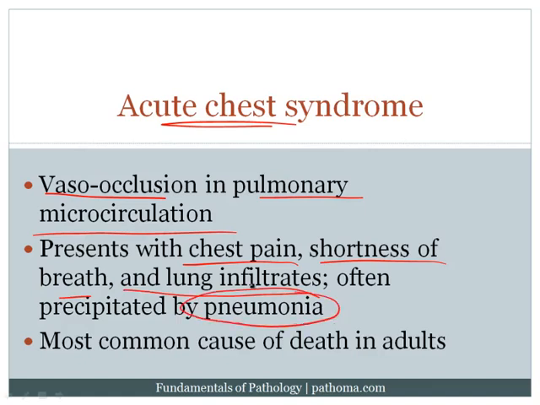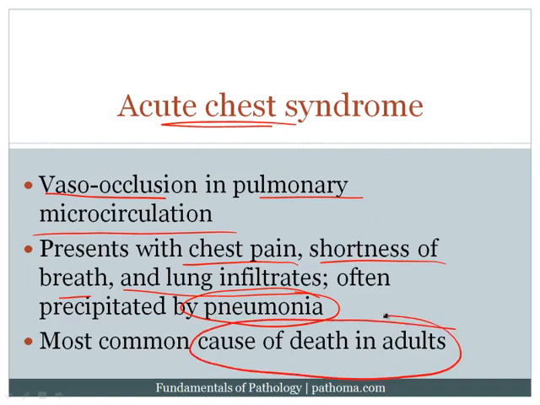Now, the idea here is that the patient gets a lung infection, and when they get a lung infection, the lung infection then causes vasodilation and causes the blood flow to slow down a little bit, and the slowing down of the blood flow increases the transit time for the red blood cells, and an increased transit time can increase dehydration, can increase acidemia, can also increase the deoxygenation of the red blood cells, which would then promote sickling. So this is the classic finding. The patient gets a pneumonia, and then after the pneumonia, they develop an acute chest syndrome. Important to note because this is the most common cause of death in adults.